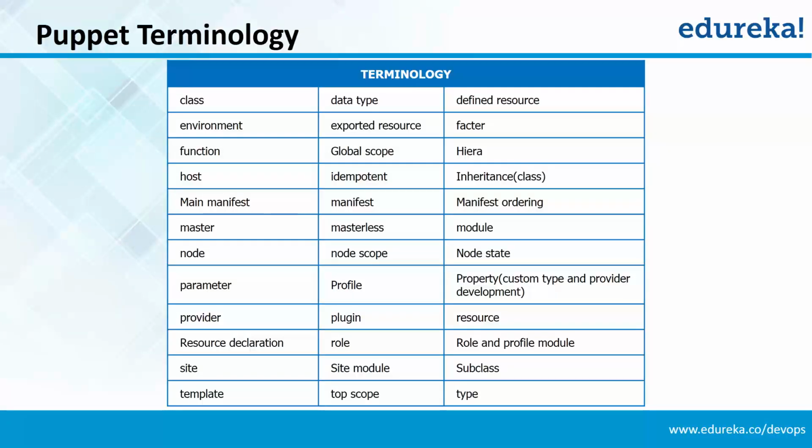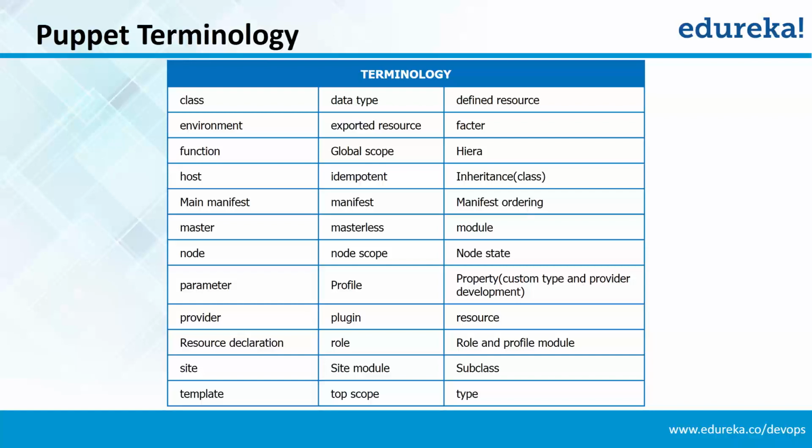The full glossary that you are looking at here is way beyond the scope of this session. Essentially, we have a class, which we talked about. We have a data type, which we'll be seeing later. Then we have a defined resource, which is the resource part of a resource. We have environments, which is by default production, but we also have dev and QA.